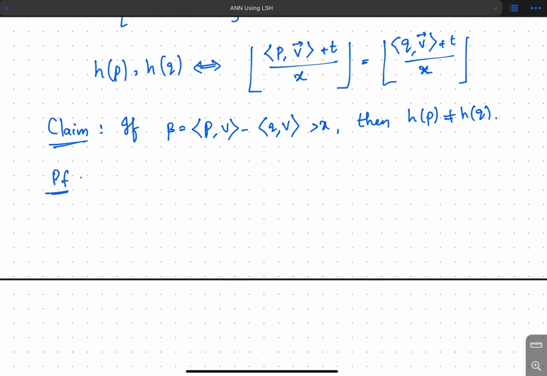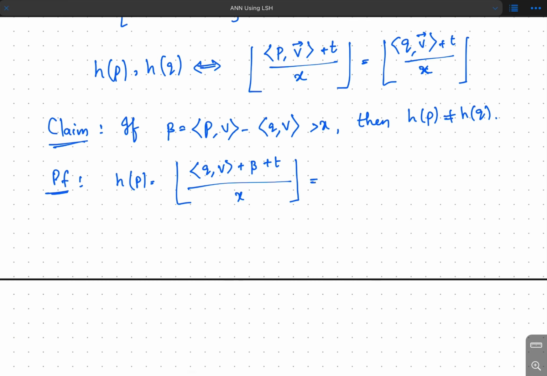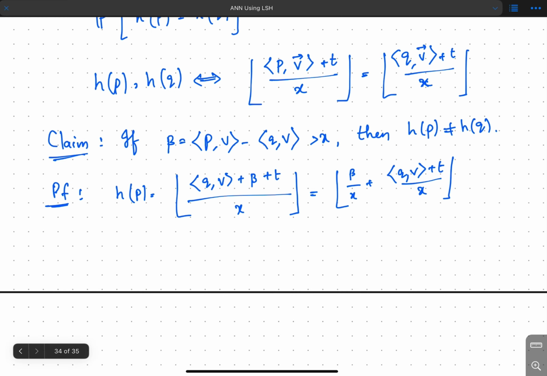How do we see this? h of p can be written as q comma v plus beta plus t by x, that is equal to beta by x plus q comma v plus t by x. Beta by x is a quantity greater than 1, so this will strictly be greater than q comma v plus t by x.